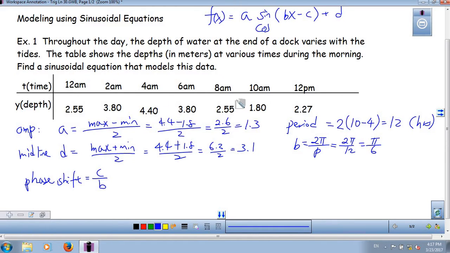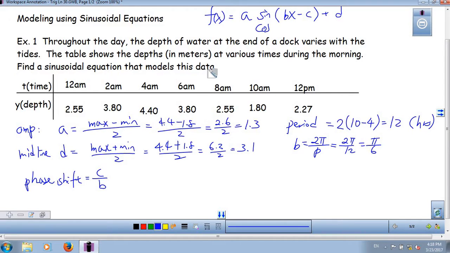But as you can see from the table, it's very hard to determine when the tide hits 3.1 meters. I know it probably hits 3.1 somewhere between 12 a.m. and 2 a.m., but I can't say exactly when. It hits 3.1 again when it drops from 3.8 to 2.55 between 6 and 8 a.m. So I know the tide must hit 3.1 somewhere here, but it's very difficult to pinpoint.